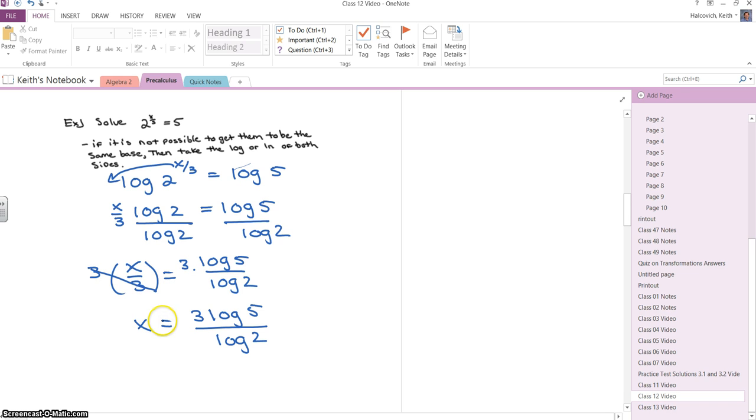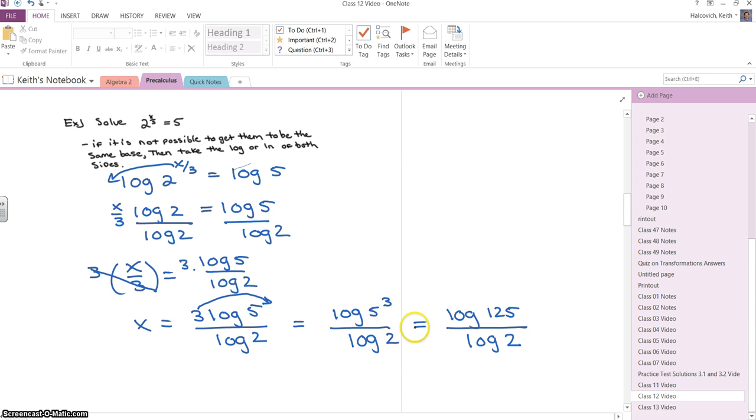Then remember that one of the properties of logarithms is you can roll the exponent to the front. So that's the same as log of 5 to the third over log 2, which is the same as log of 125 over log of 2.